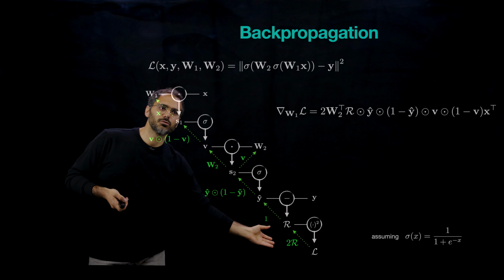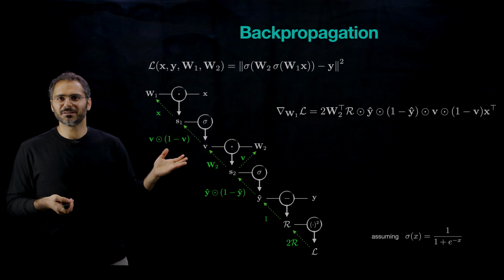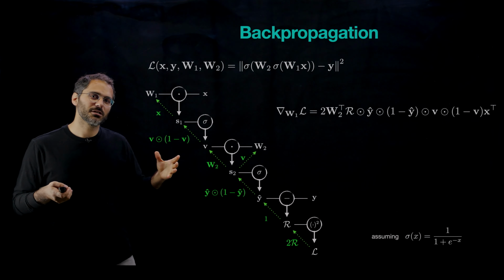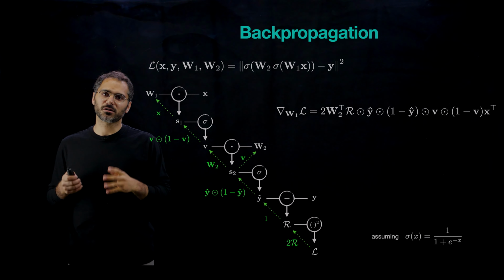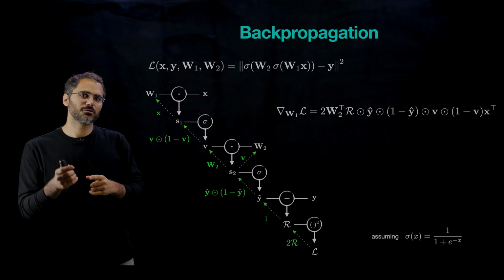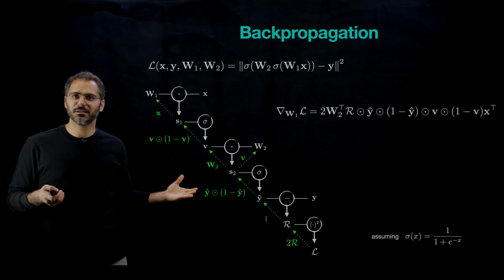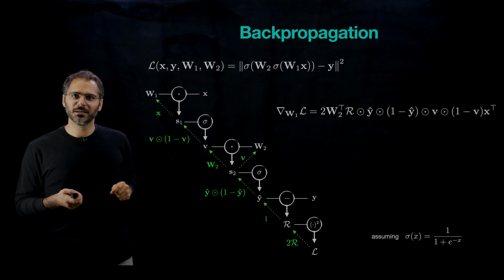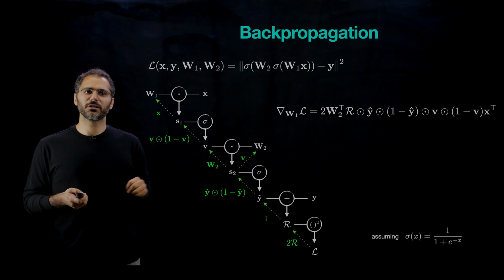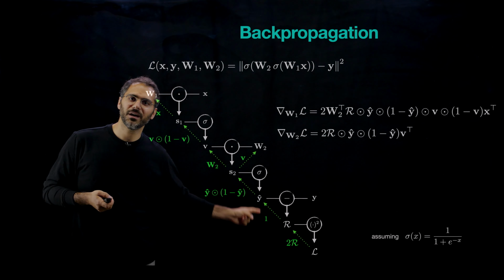So I multiply 2r by 1 by y hat dot 1 minus y hat by W2 by v dot 1 minus v by x. Of course, this multiplication is not trivial when matrices are involved. So you have to be careful that the matrices match and you're multiplying matrices in the right order. But the general idea is simple. You just multiply back all your individual gradients. And this is really just an application of the chain rule. The same thing happens with the gradient of L with respect to W2.